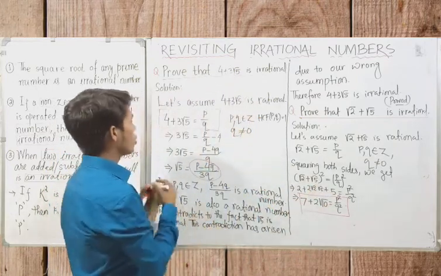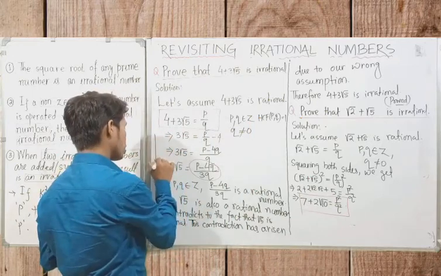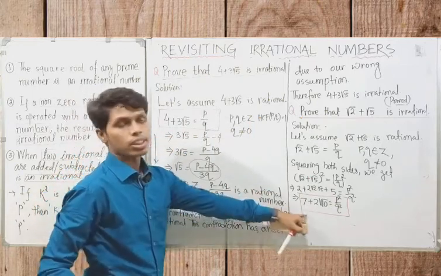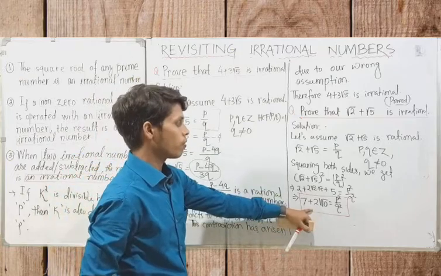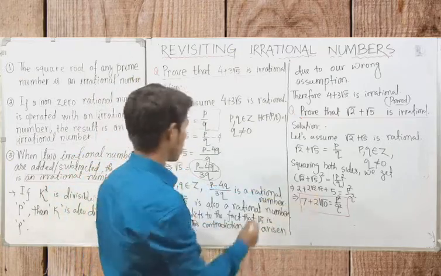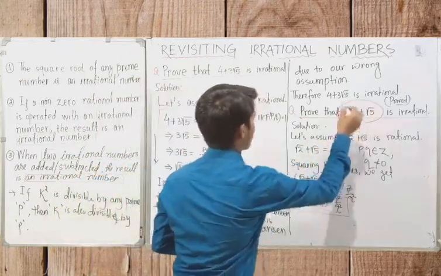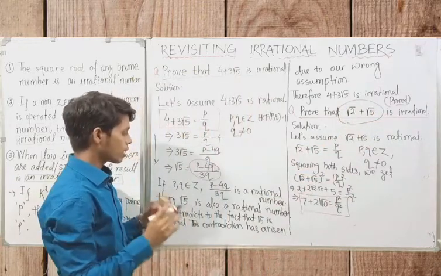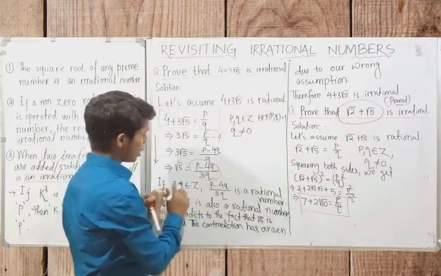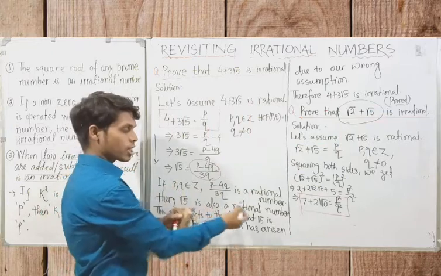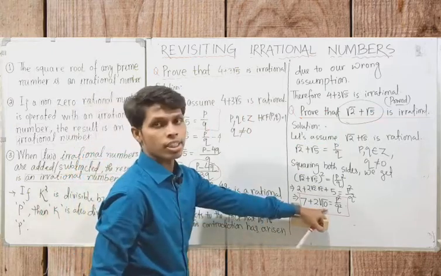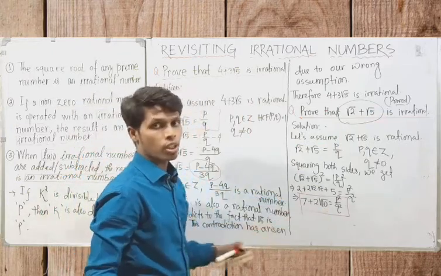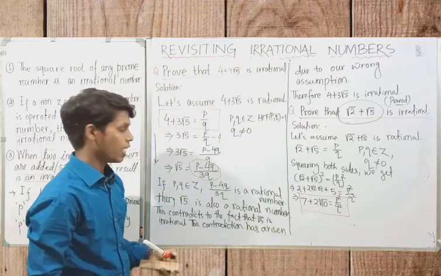So now you have to proceed as you did in question number 2. There you got root 5 is rational, here you will get root 10 is rational, but this will be a contradiction because root 10 is an irrational number.